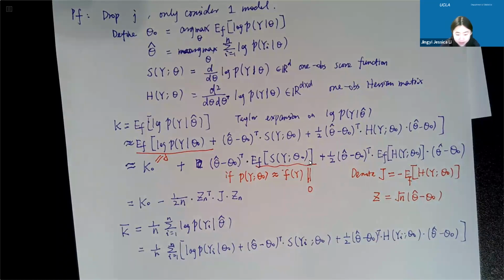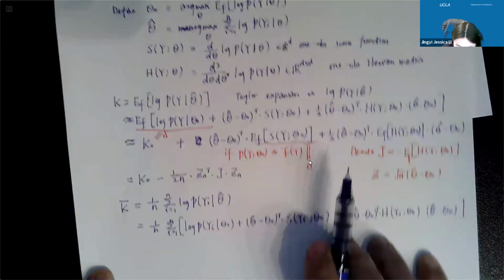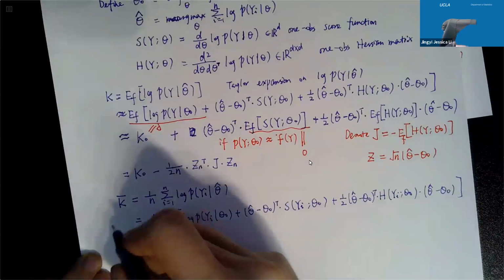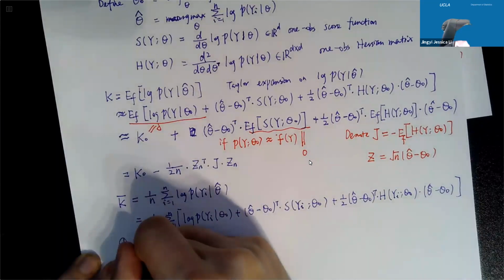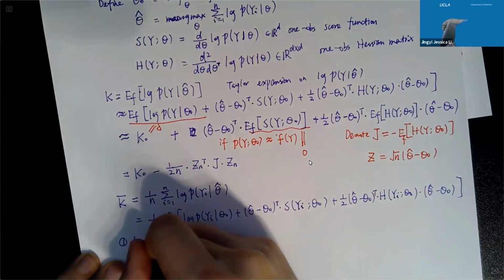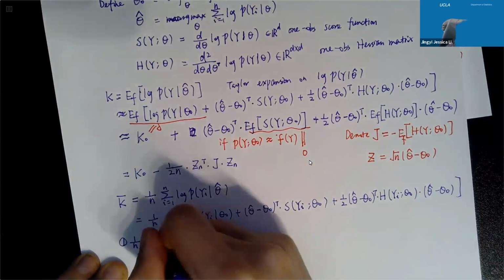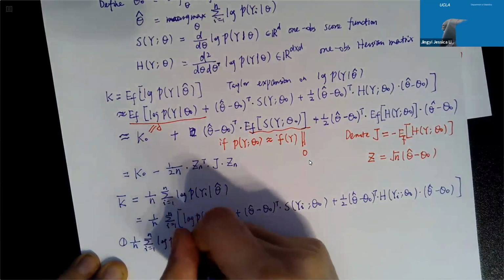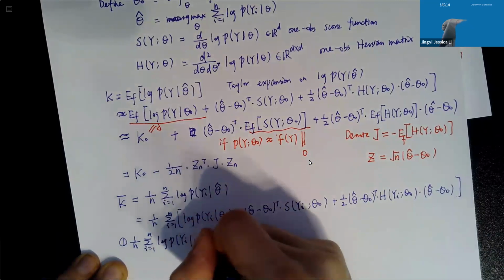Now we are going to do some approximation again. I'm just going to write them down one by one. So the first thing, 1 over n summation of log p(y_i | theta 0).